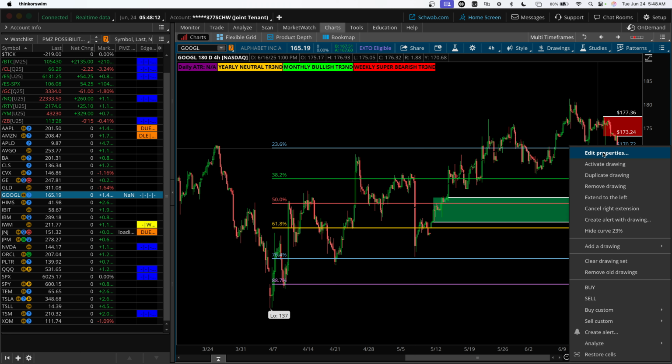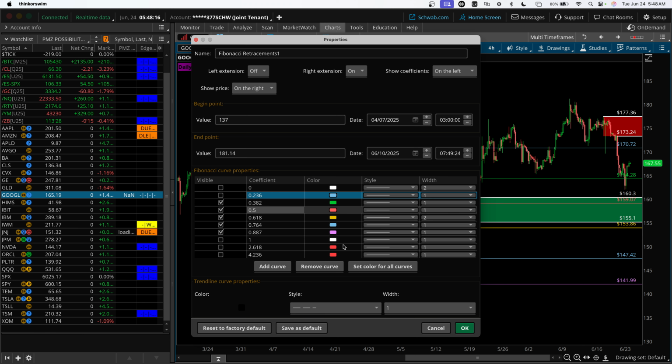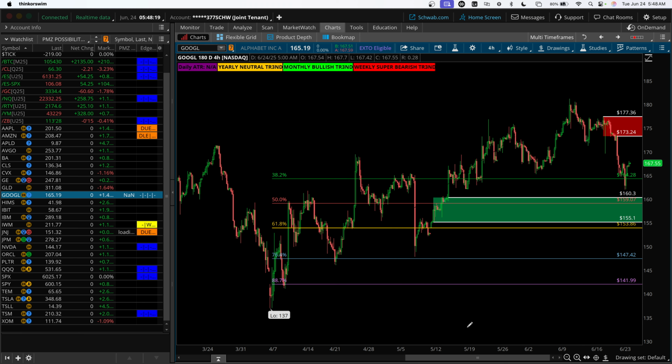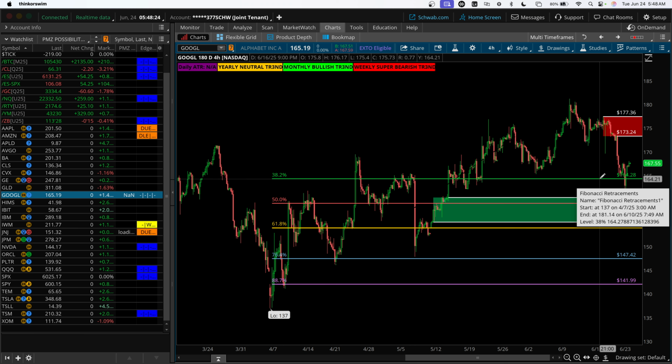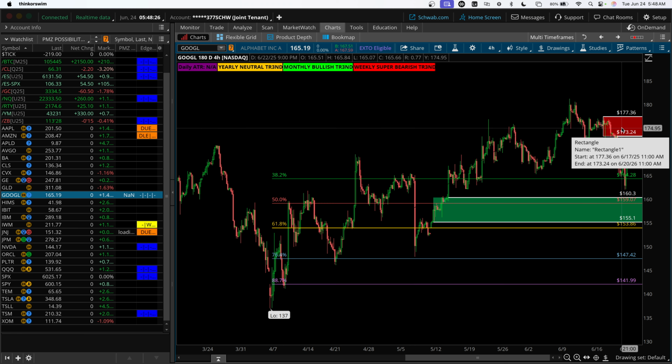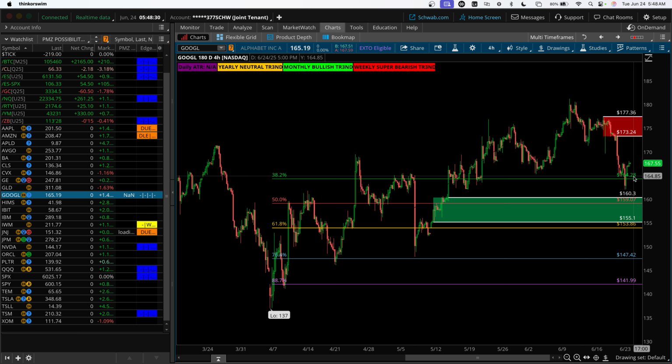I'm going to remove the 23.6 because price is currently below that, and it wouldn't be a level that I need to use to scale. But this 38.2, if I were trading to the downside on Google, would be a scale area.